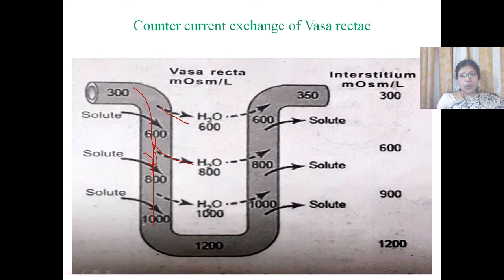With this, the concentration of the blood in the descending limb of vasa rectae increases from 300 milliosmoles per liter to 1200 milliosmoles per liter. So now the blood enters into the ascending limb of vasa rectae.